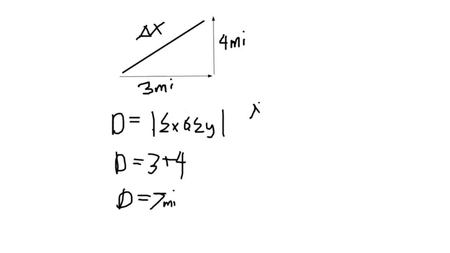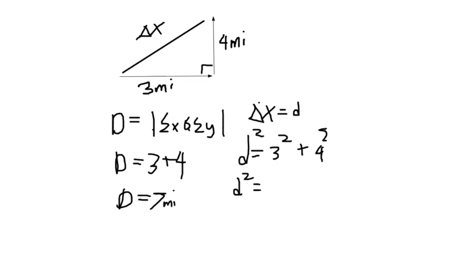So now how to calculate the displacement. So let's set the change in position to some letter. Let's say small letter d, small letter d for displacement. So to solve this problem, we're going to use the Pythagorean theorem.